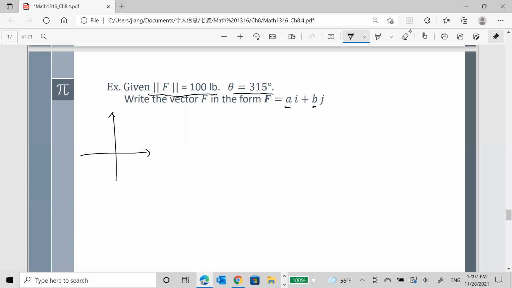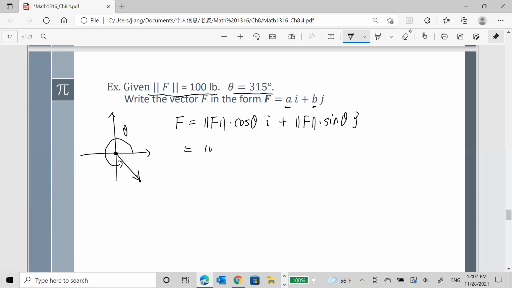So for F, theta is 315. From the initial to here, that's theta going in this direction. And the distance from here to here is 100 pounds. So F equals the magnitude of F times cosine theta i plus the magnitude of F times sine theta j.